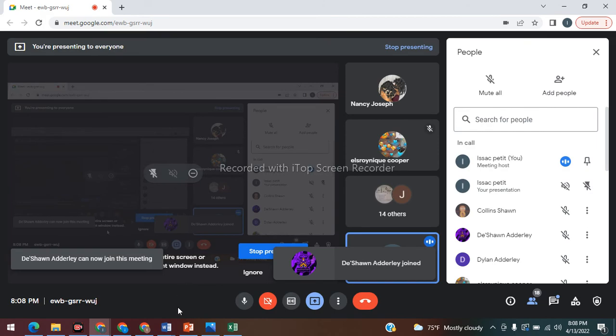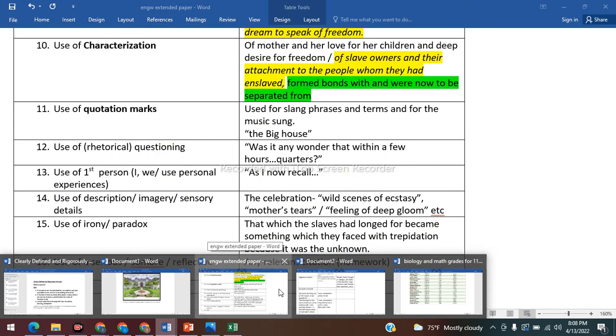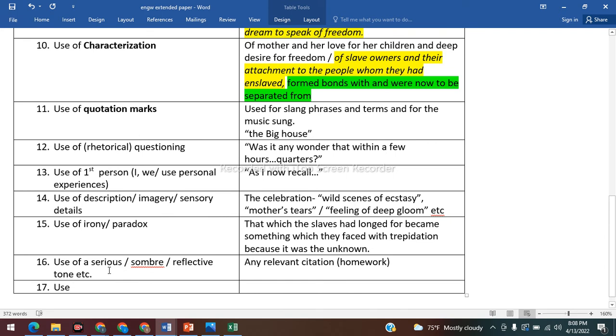Alright, so let's go back. Okay, you're on number 17. So we finished a somber and reflective tone. Now we are going to do another technique, which is the use of contrast, or we would say juxtaposition.